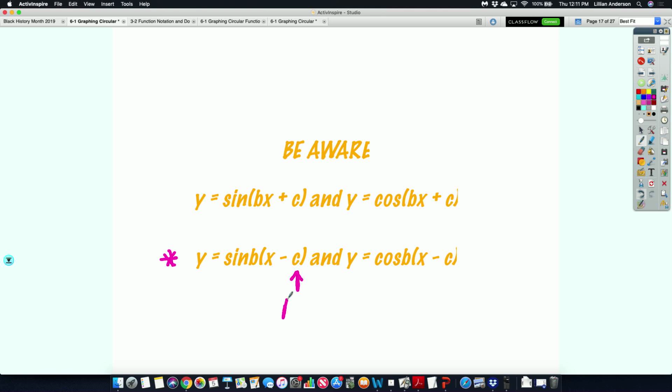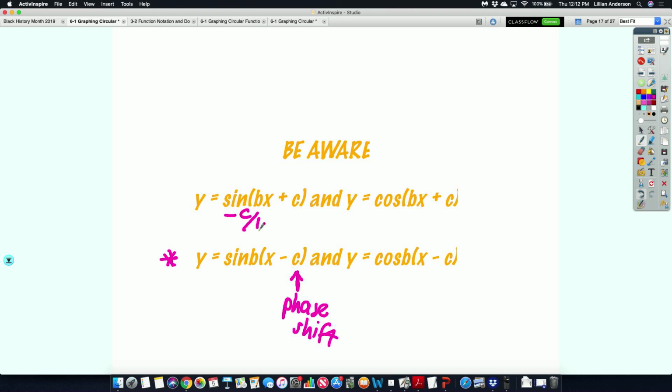Okay? When the b is factored out, that number inside parentheses is your phase shift. There will be no need to do negative c over b when the b is already factored out. When the b is not factored out, like in the first set of equations, you have to do negative c over b to find your phase shift.